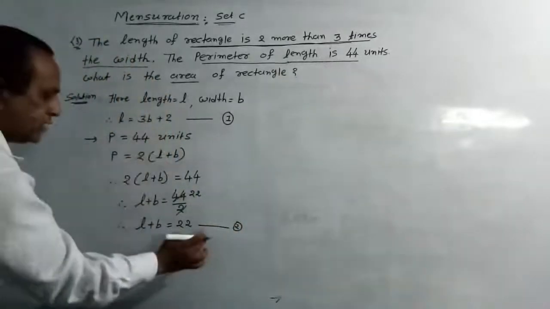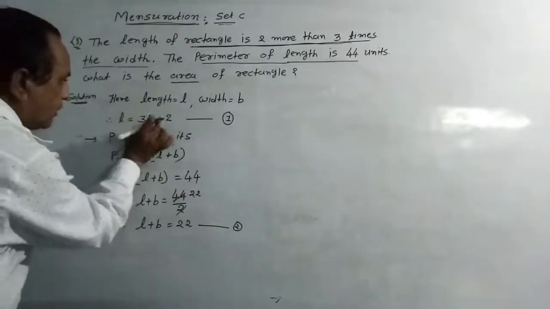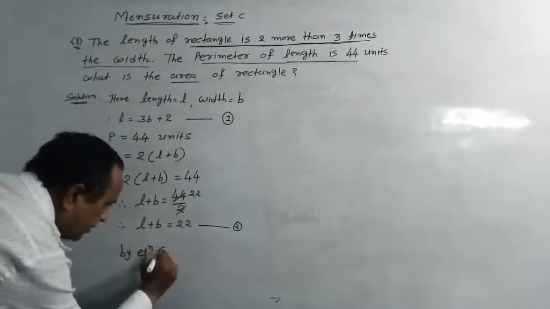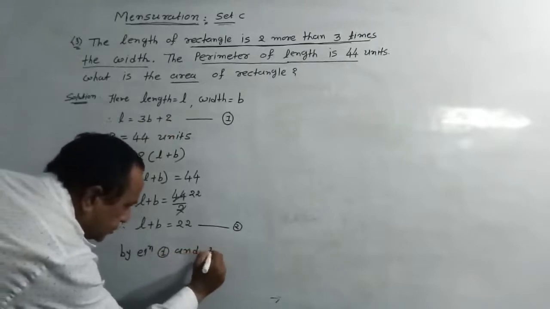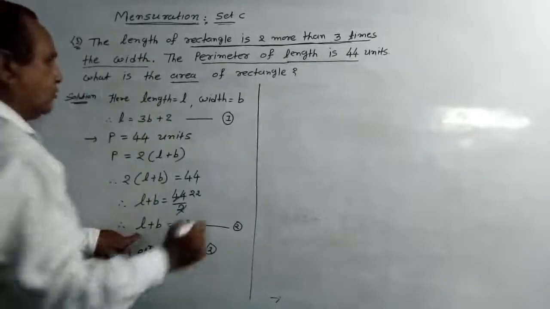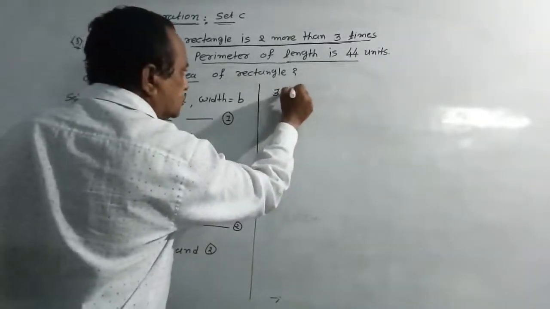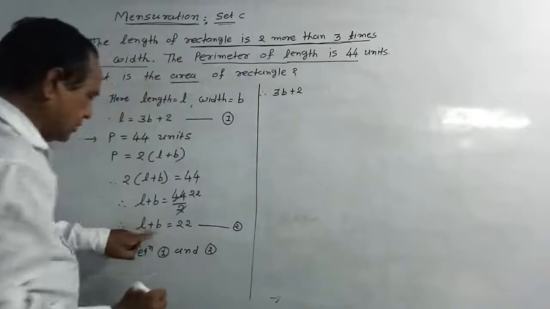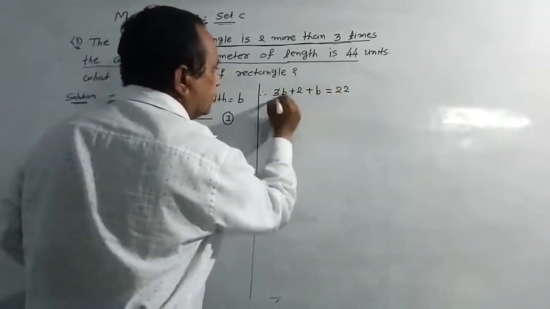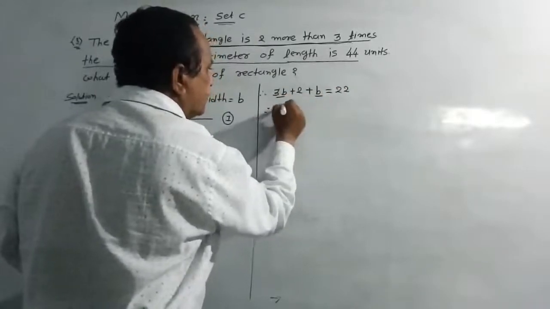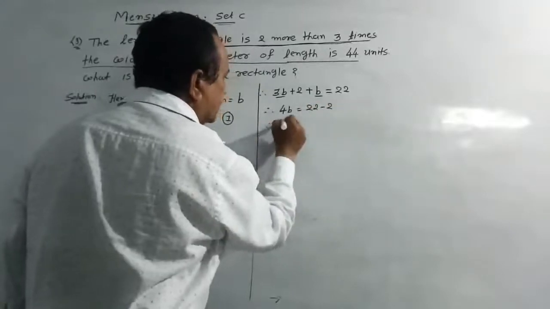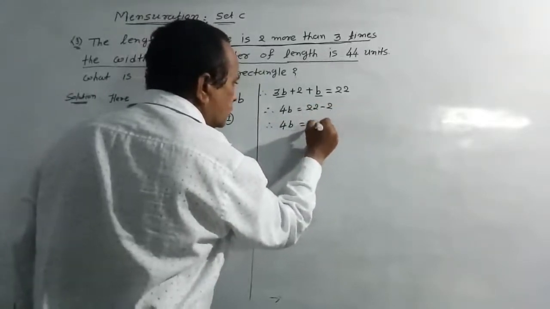Now by equation 1 and 2, put the value of L. Put the value of L, 3B plus 2 plus B is equal to 22. 3B and B, that is 4B, is equal to 22 minus 2. 22 minus 2 is equal to 20.